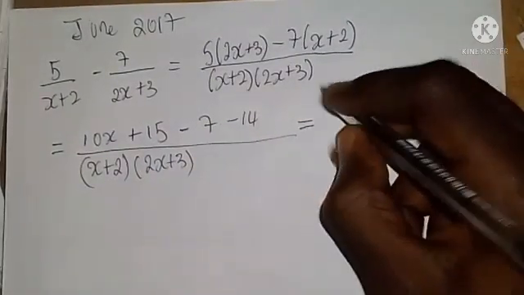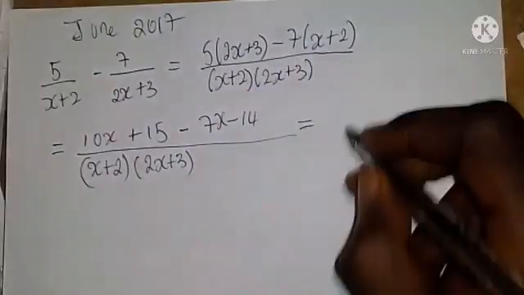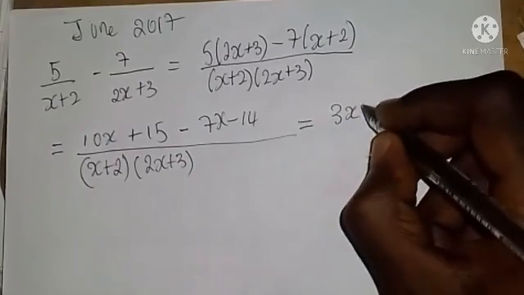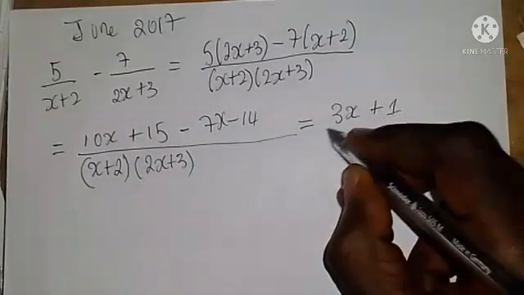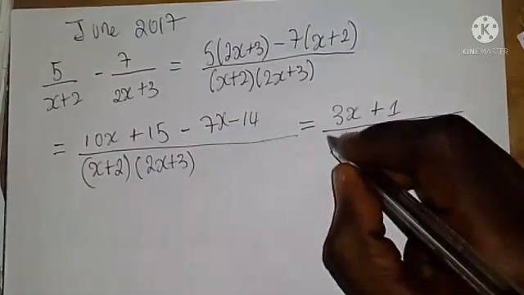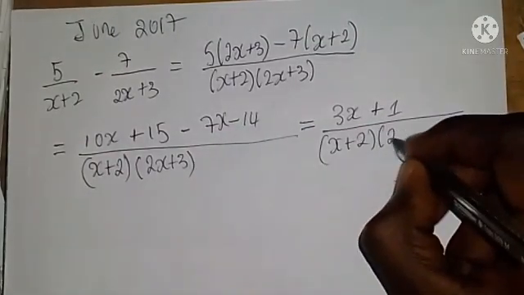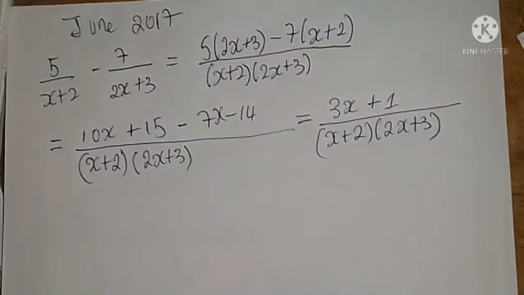This is equal to, sorry, here is 7x, so we're going to have 3x plus 1 divided by x plus 2 times 2x plus 3. Okay, so this is the fraction.